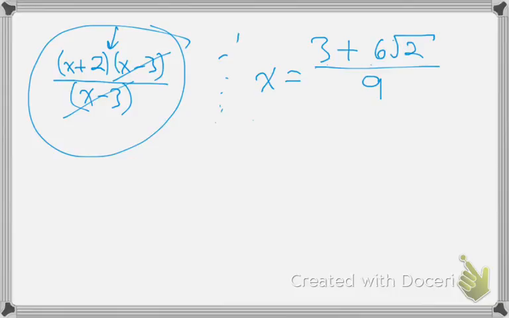We could also break this up into 3/9 plus 6 radical 2 over 9. And then we simplify it accordingly. So if we have addition in the numerator, we can break it up into separate fractions all over the same denominator. And that's going to be an important thing to look at and to refresh ourselves on before we get to this next example.